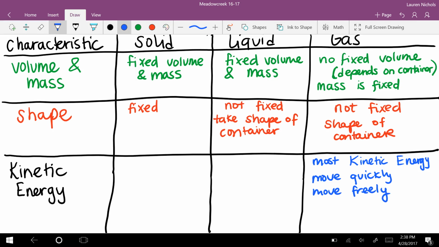Whereas solids have the least kinetic energy. All right, they move slowly. In fact, they move so slowly, they vibrate and they stay in one place.